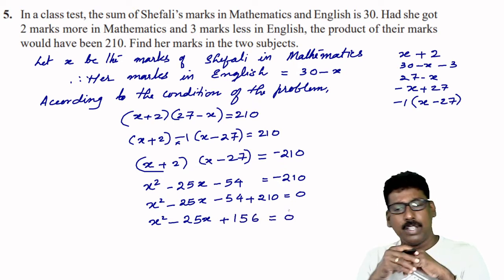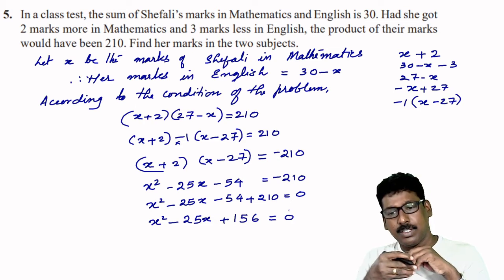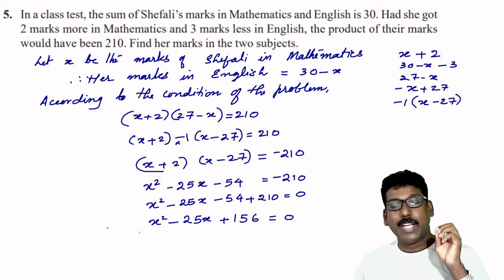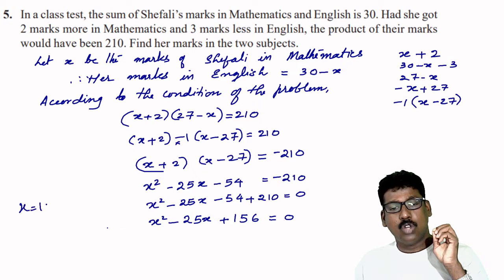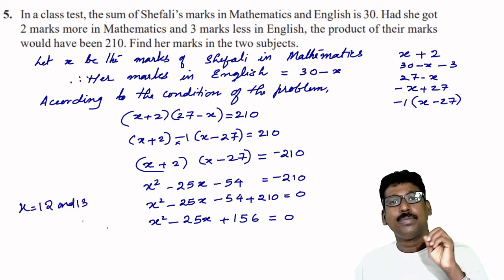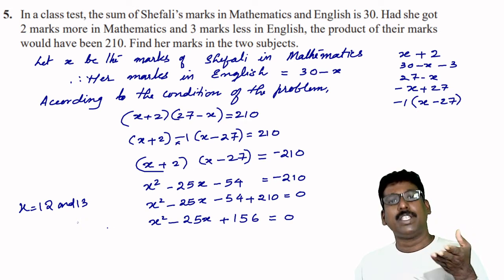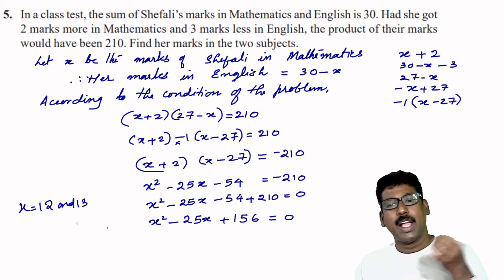Here a is equal to 1, b is equal to negative 25, c is equal to 156. Find out the roots by quadratic formula. You will get the value of x as 12 and 13. So here two cases will be there. If x is equal to 12, find the marks of mathematics and English.